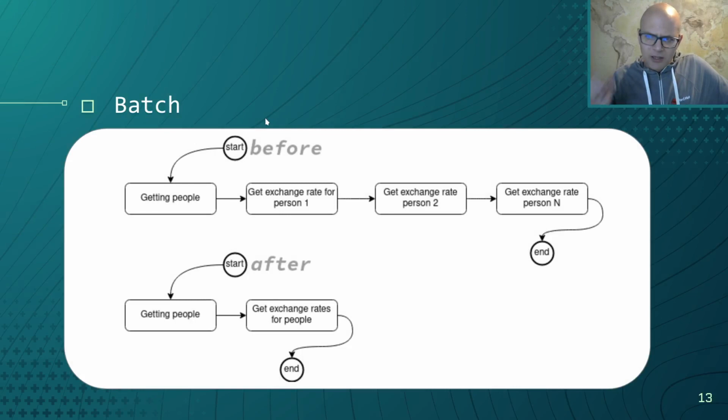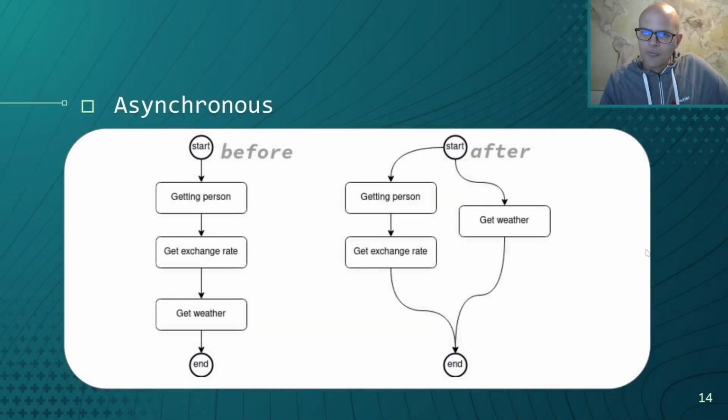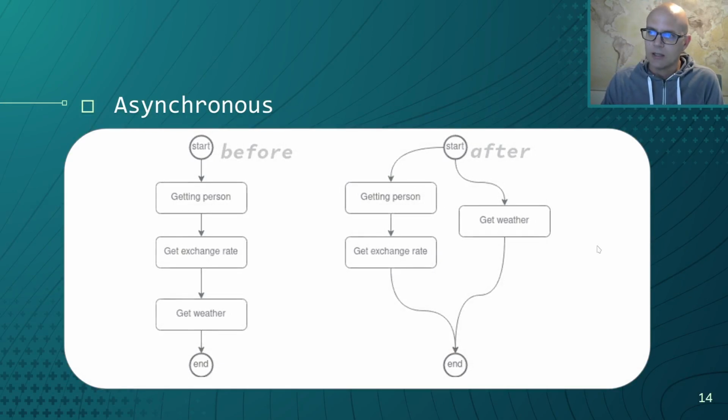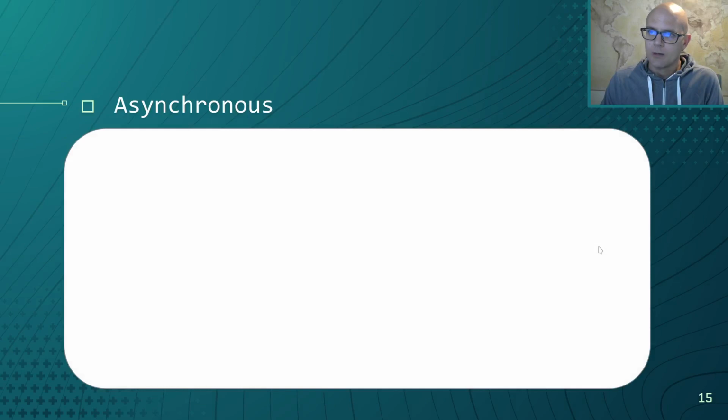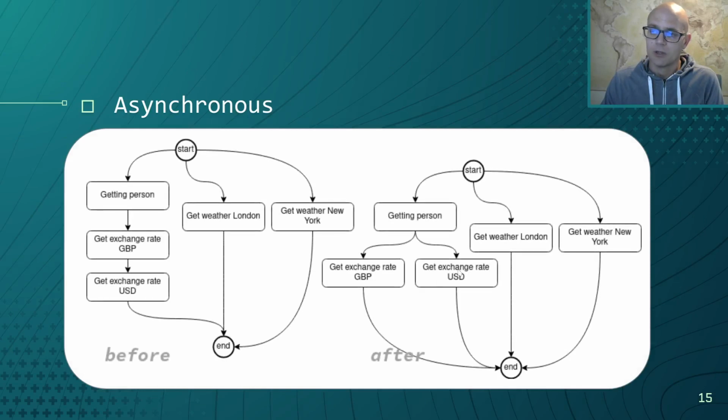If we look at how batch works, if you return a collection, so multiple people, if you don't use batch, it will call for the source field for every person on that result set, where if you batch it, it can do it in one call. For asynchronous, you can not only call multiple queries concurrently, like person and weather, but you can also call multiple source fields concurrently, like the exchange rates.